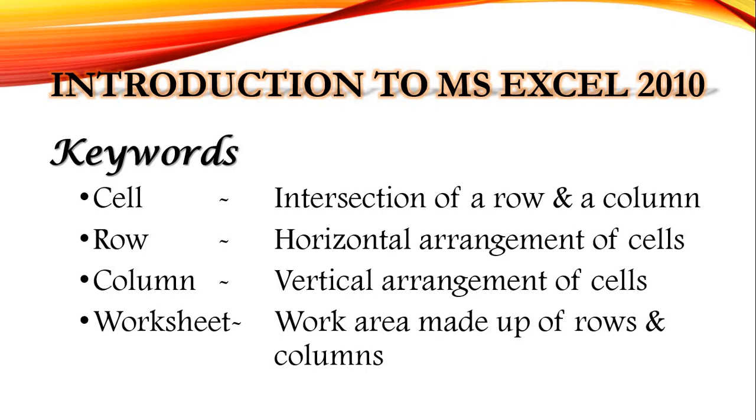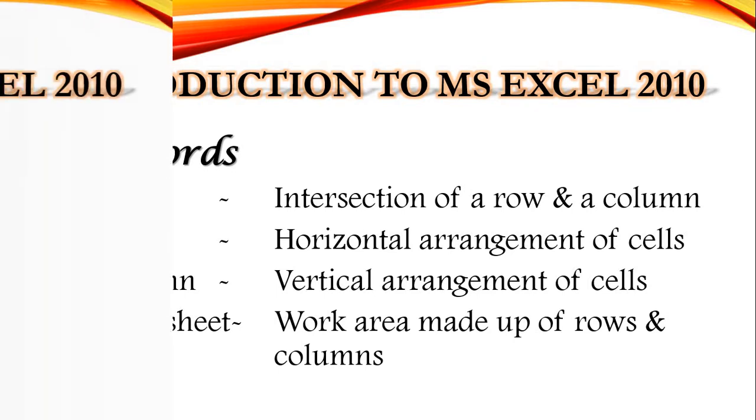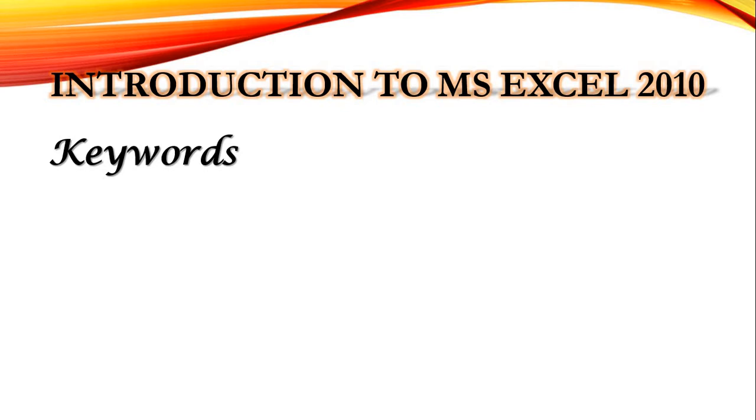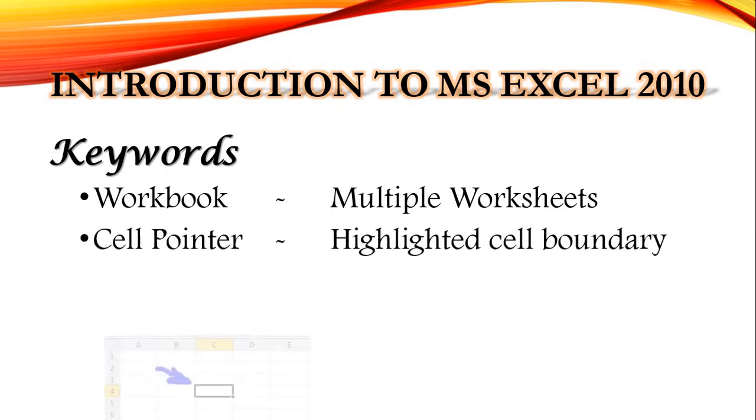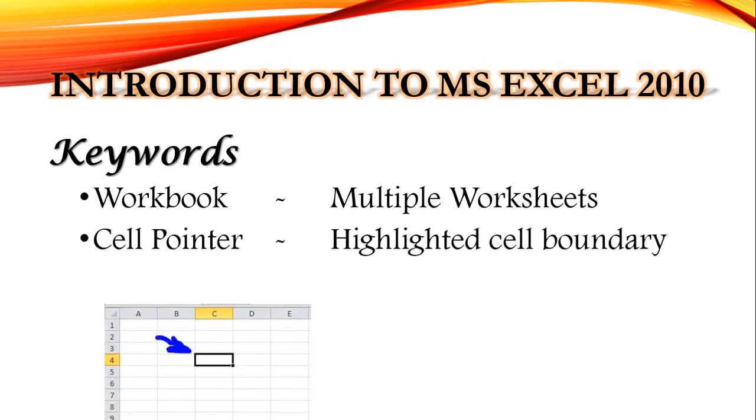Next, worksheet. Worksheet is the working area made up of rows and columns. Next, workbook. It is a collection of multiple worksheets. Next, cell pointer. A cell pointer is a highlighted cell boundary.